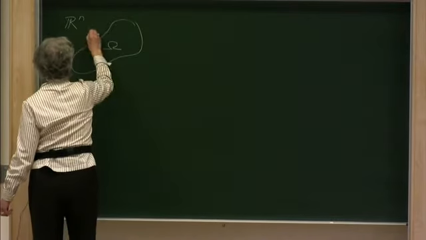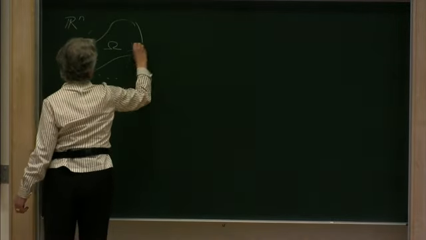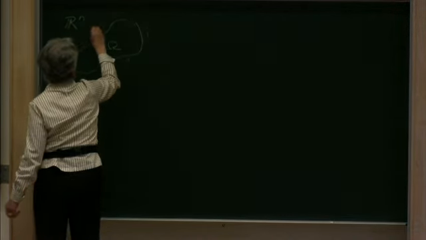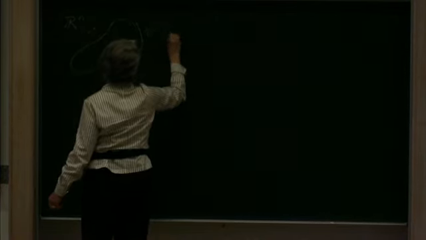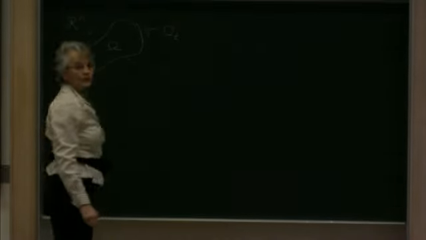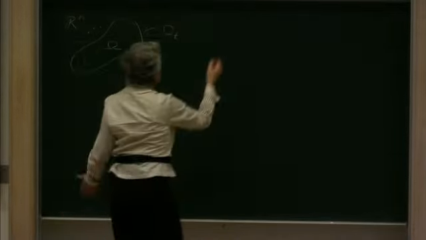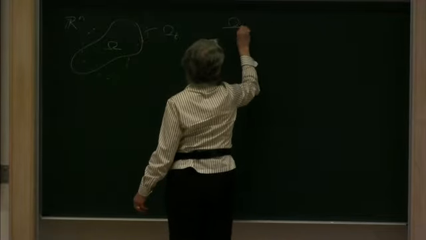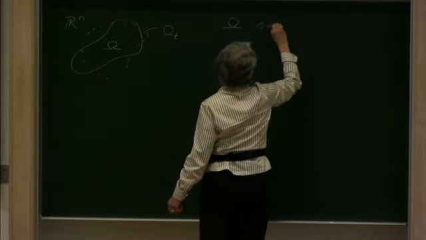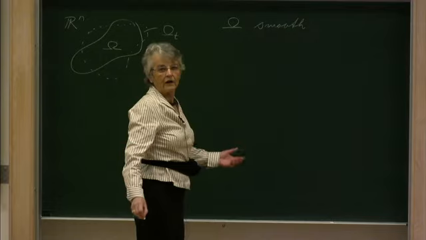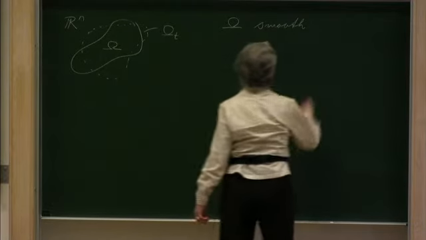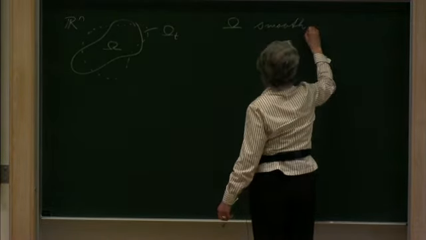and we look at domains which are perturbed domains omega t. And we will assume that omega is smooth, at least C^{2,alpha}, and also bounded.